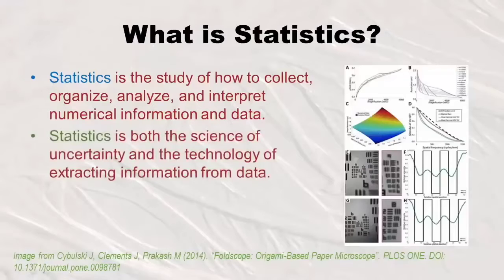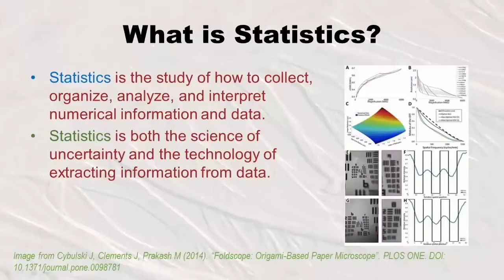So statistics is both the science of uncertainty and the technology of extracting information from data. In other words, if you've got a bunch of data about a restaurant, you don't know how it's going to be if you actually go there, right? You don't know for sure. So it's a science of uncertainty. If you look on Yelp and almost everybody's giving it a 4 or a 5 star, maybe it's going to be good for you, right?